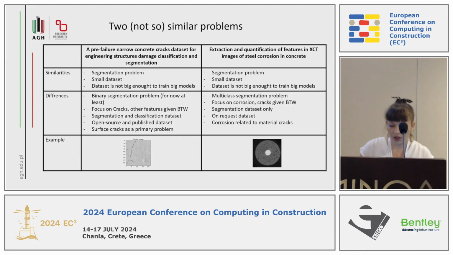And as you can see in the example in the table, our images are sub-images of size 224 by 224 pixels. And the second dataset consists of almost 20 images of a cross-section view of the concrete sample, which are split into sub-images in the monochrome channel during preprocessing.